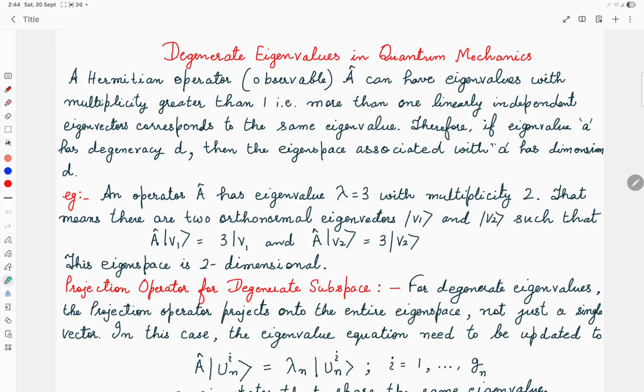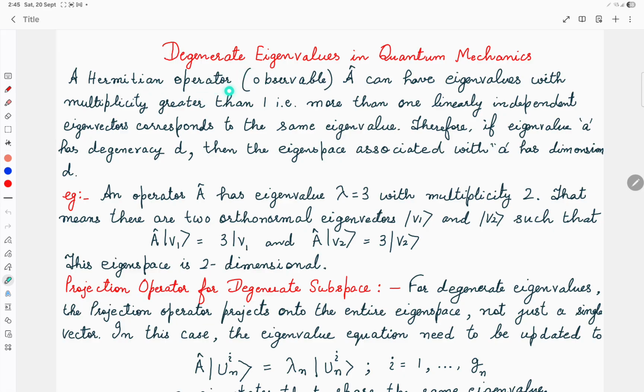Now, this is an important point in quantum computing concepts, where we perform the measurement of the quantum system. First of all, the observable has to be Hermitian, because a Hermitian operator will have real eigenvalues.